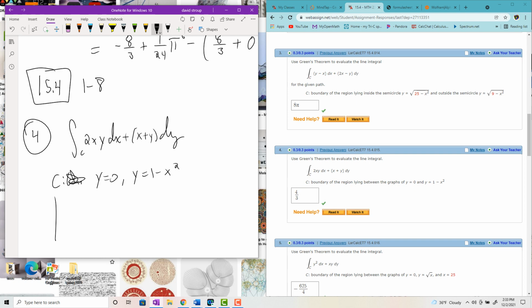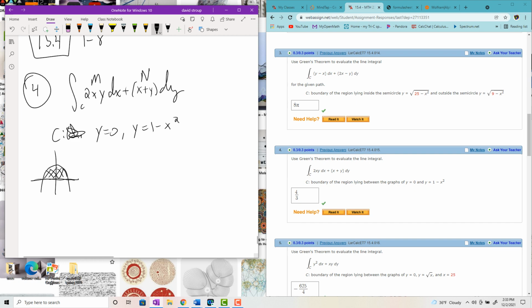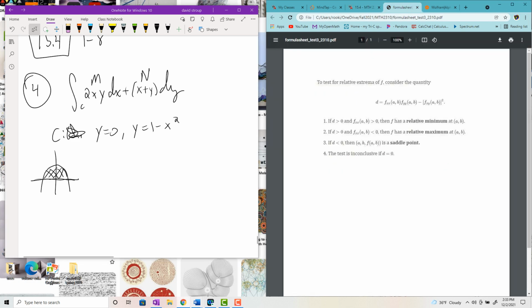So you can kind of see what that is really quick. It's y equals 0 is this. So it's this region here. We'll ultimately be integrating over because Green's theorem will convert it into a double integral. This is your M and this is your N. Those are your components in your vector field. Okay, so I need then to convert this into a double integral, so I need that formula wherever the heck I put it.